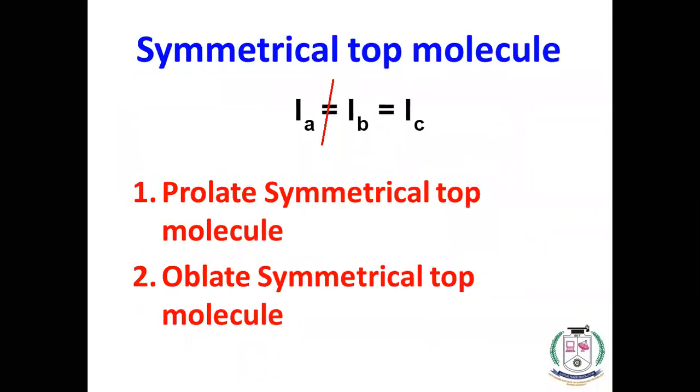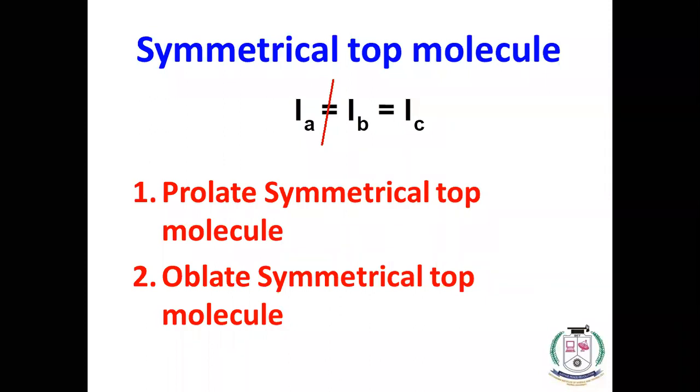Now, the fourth category, symmetrical top molecule. In this symmetrical top molecule, Ia is not equal to Ib, but Ib equal to Ic.